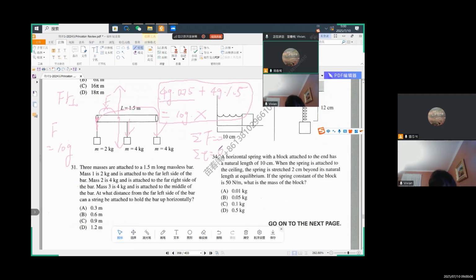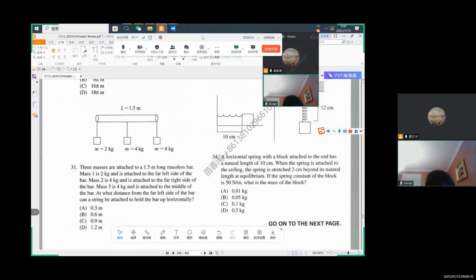What stopped you on 31? Just this stuff. A question we've never seen before, right? But do you have a little feeling about its rotation?